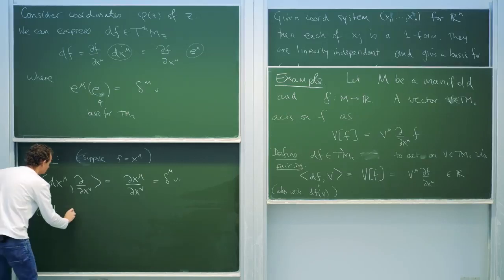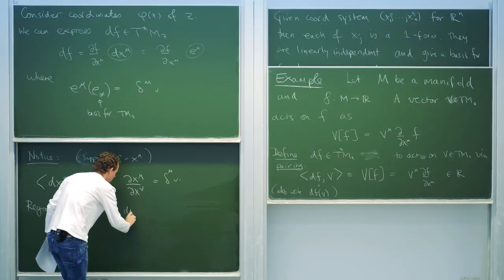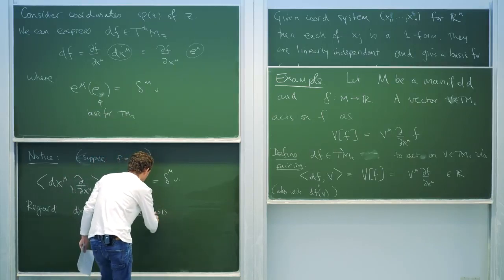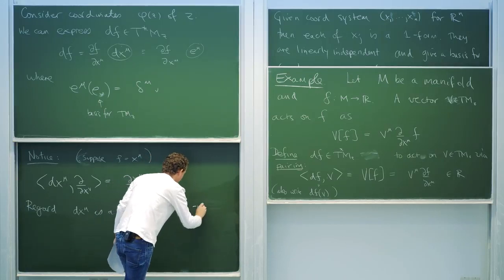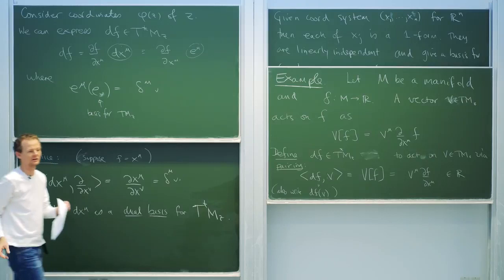And that's why we regard these dx mu as a co-basis or dual basis for T star M at z.